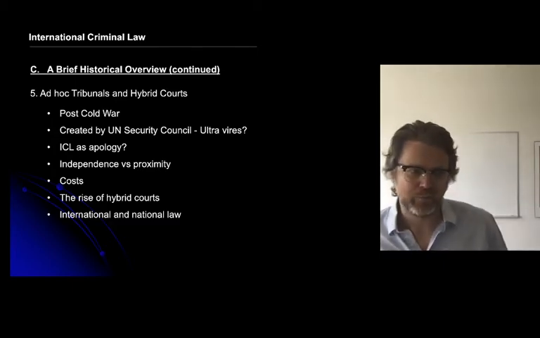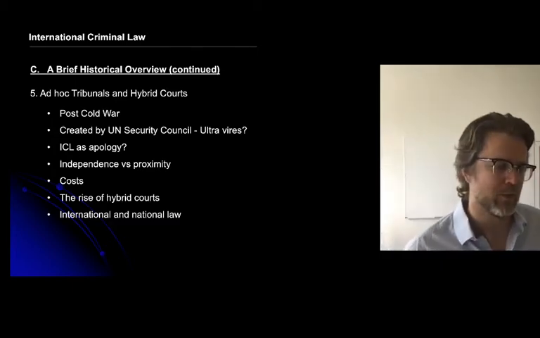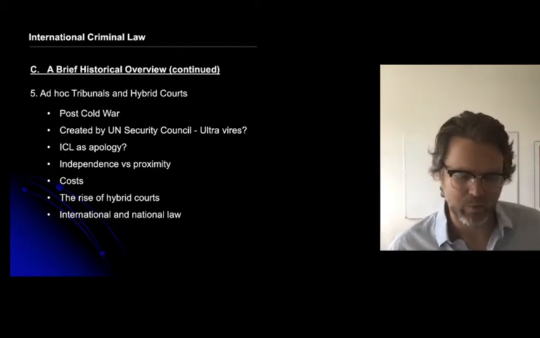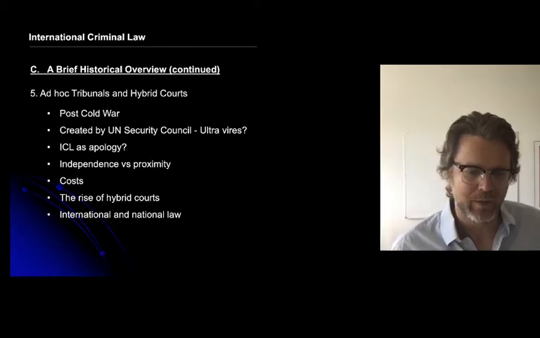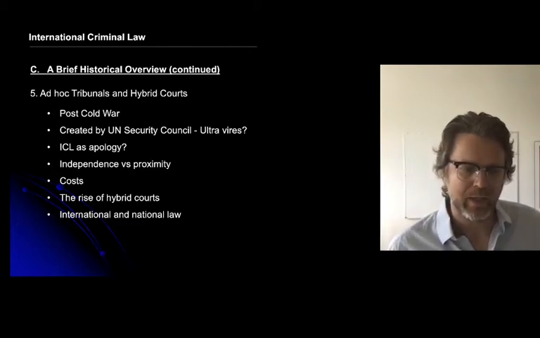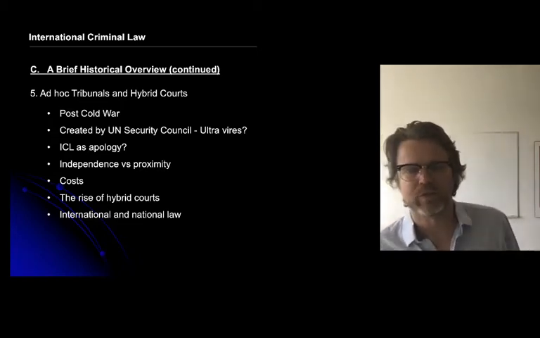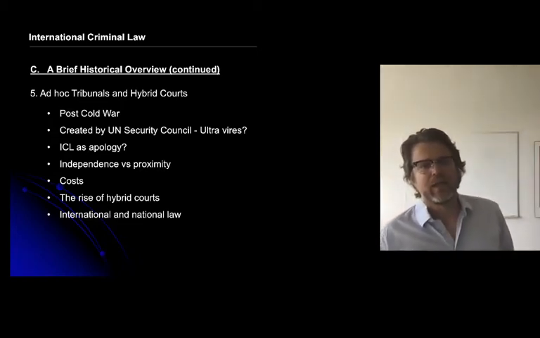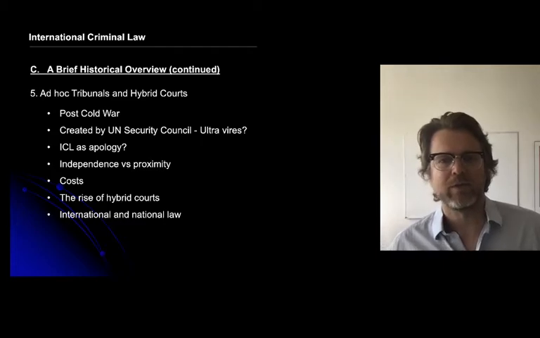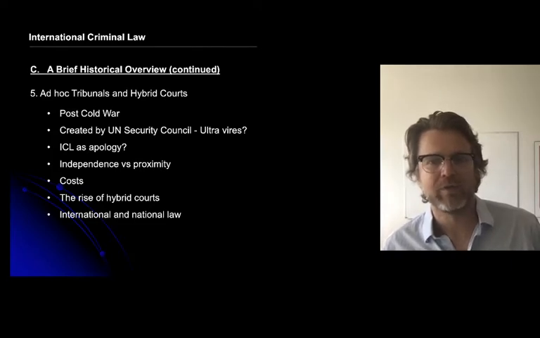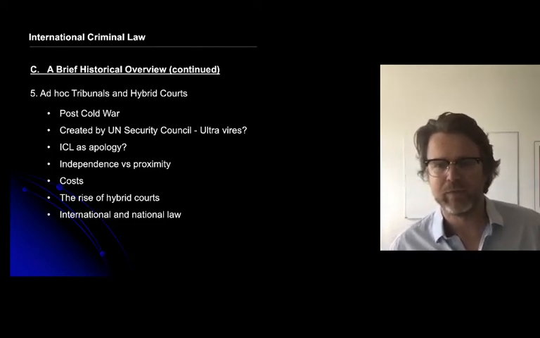And so after the fall of the Berlin Wall in 1989, there were obviously the wars in the former Yugoslavia, which is part and parcel of the dissolution of the socialist Yugoslav state. And so the Security Council of the United Nations suddenly decides that it will create an international criminal tribunal for the former Yugoslavia, this in 1993.